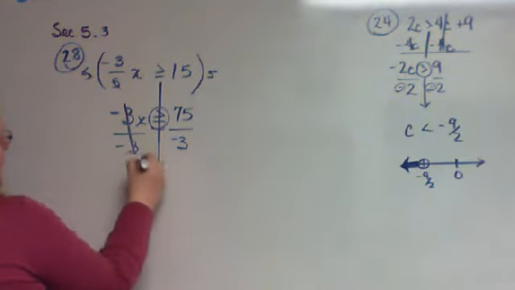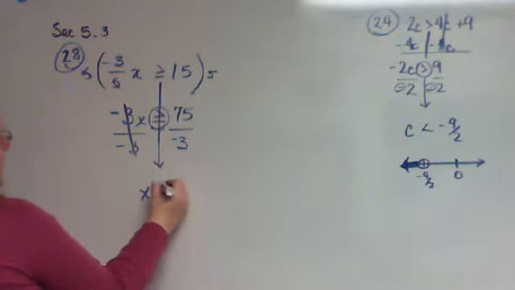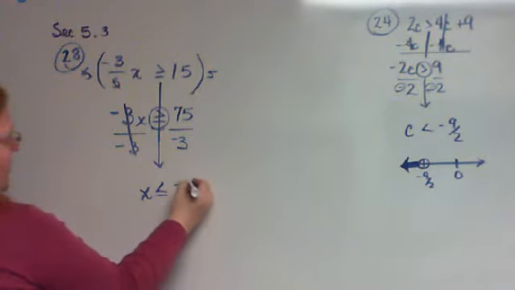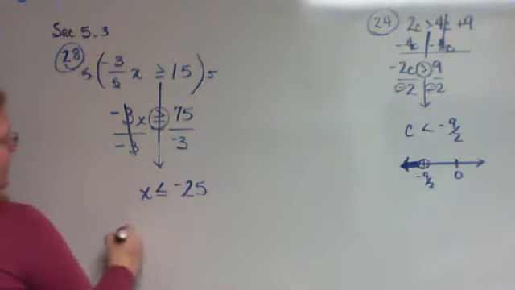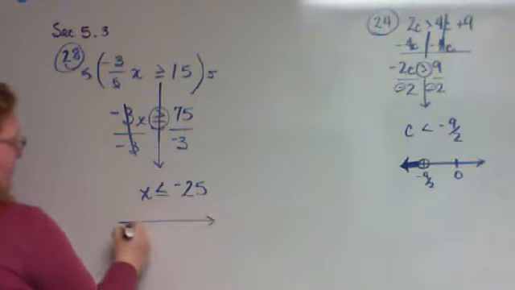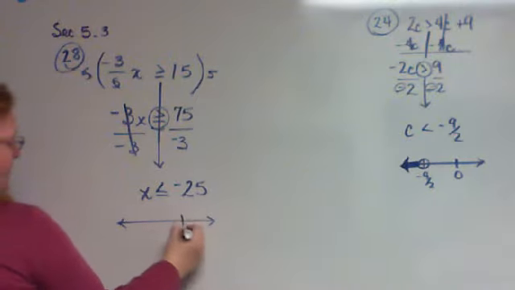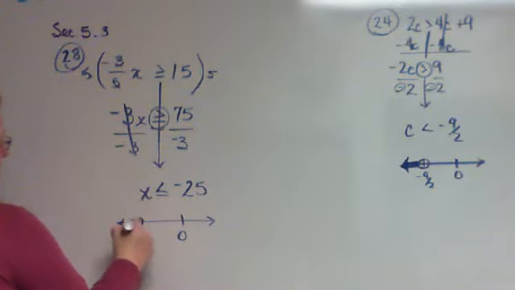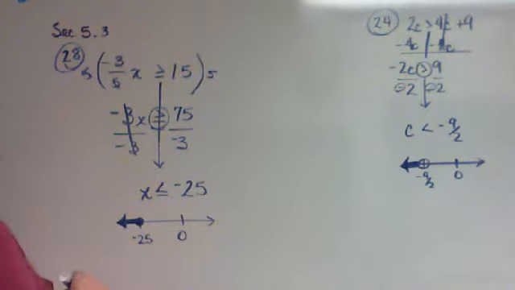So that cancels that out, and I get x is less than or equal to negative 25. Closed circle this time, going this way, because it flipped.